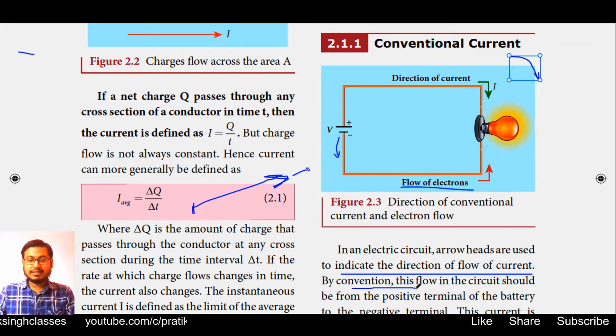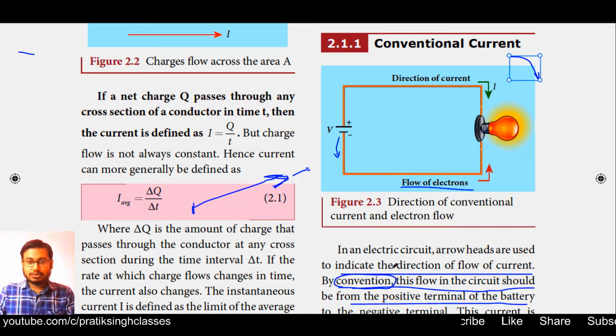By convention, this flow in the circuit should be from the positive terminal of the battery to the negative terminal. Here it is given by convention. That means earlier it was stated that current flows from the positive terminal of the battery outward. Until now we are following the same thing, but is it the true thing? Let us see in our next paragraph.